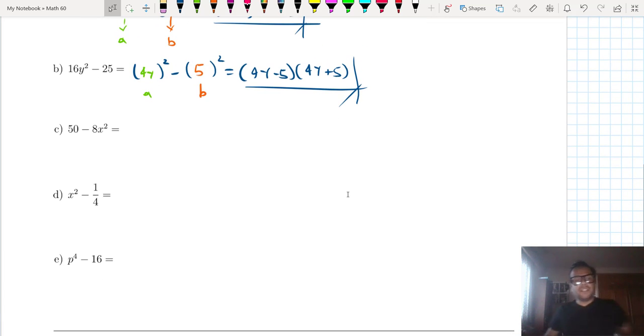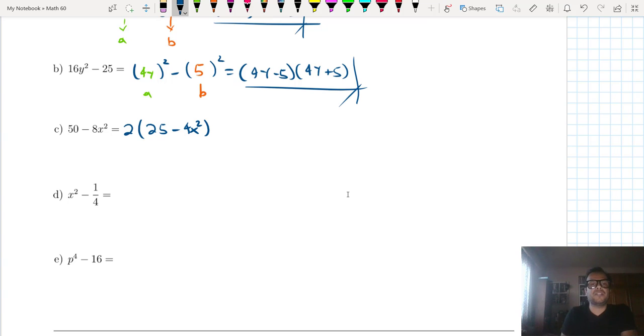All right, letter C, let's have a look at this one. If you look at the numbers 50 and -8, right away, if we try difference of squares, it's not going to work because the numbers 50 and 8 are both not perfect squares. So let's try something else first. I'm going to factor a GCF first. Notice they are both even numbers, so I can factor out a 2, leaving us with 25 minus 4x squared.